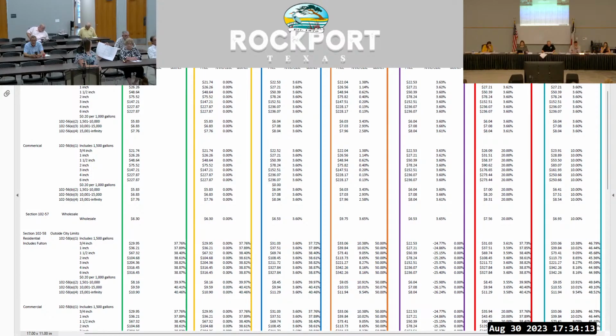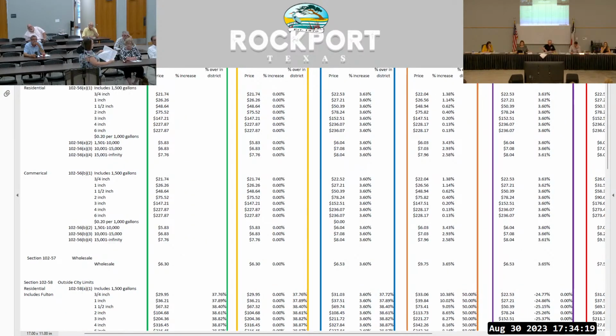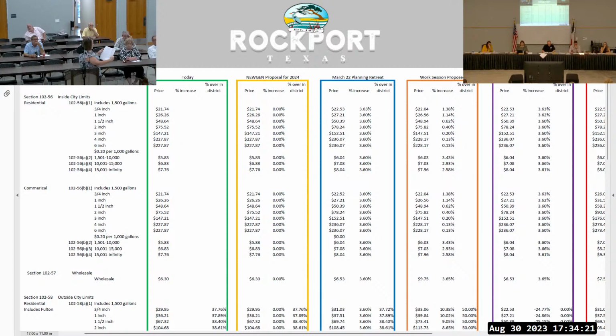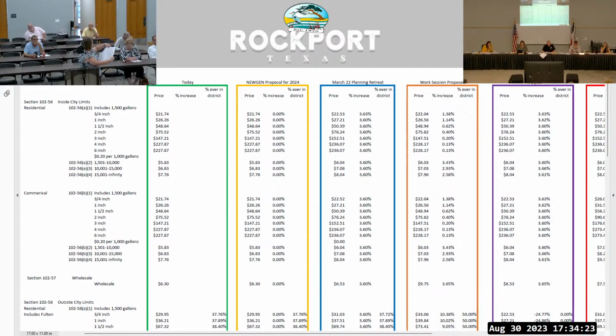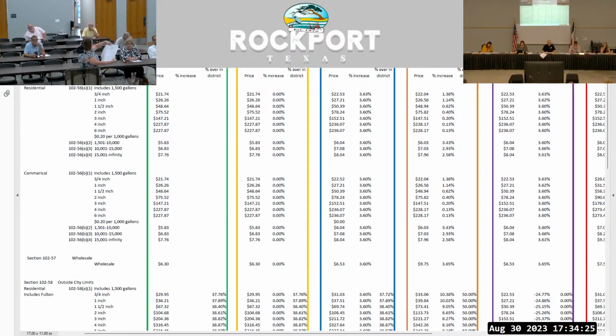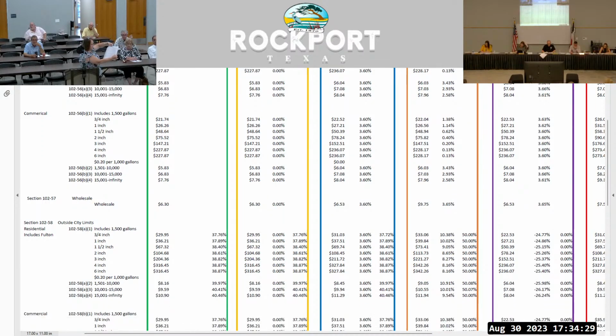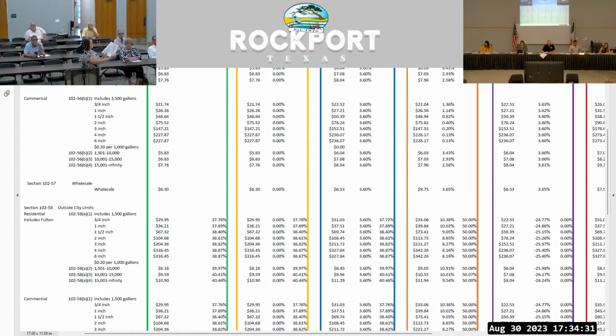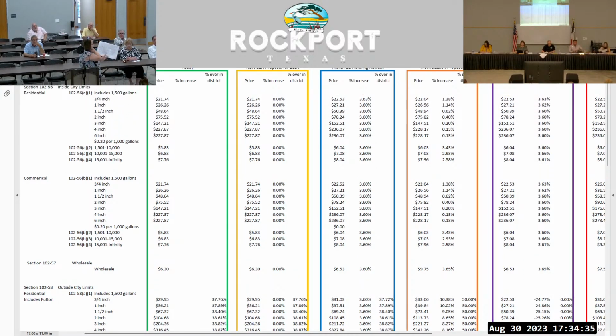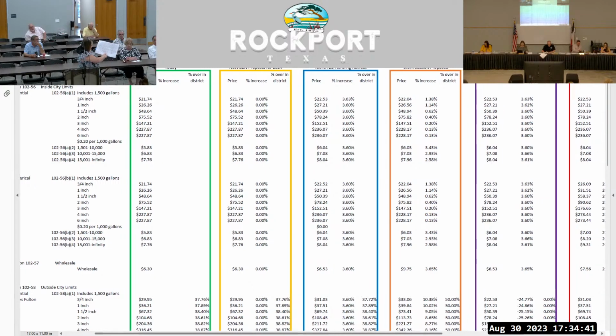Just to refresh your memory, we took the New Gen rates and we did not want to raise the rates on the citizens as much as were proposed on the wastewater New Gen. So what we proposed in the water is a smaller increase on citizens, a larger increase on non-residents.